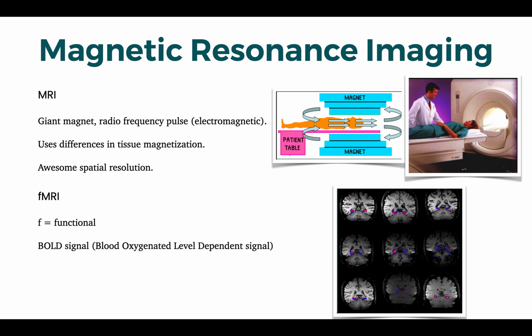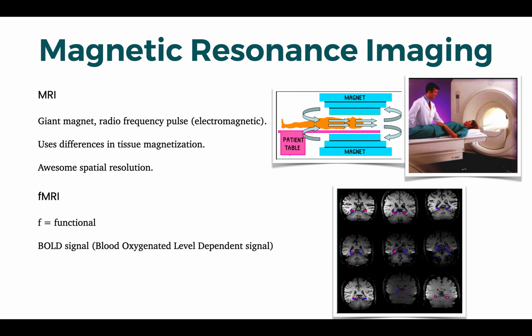Let me start over. When we talk about BOLD, active neural tissue uses nutrients in the blood. When it's using nutrients in the blood, it's sucking up all the oxygen from the blood.